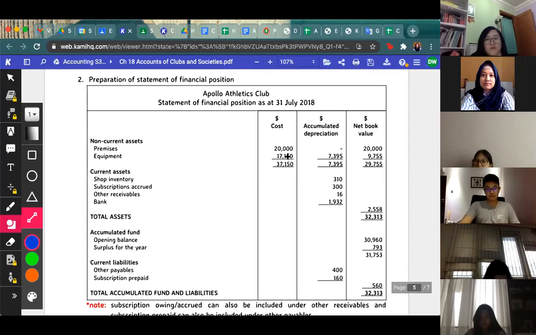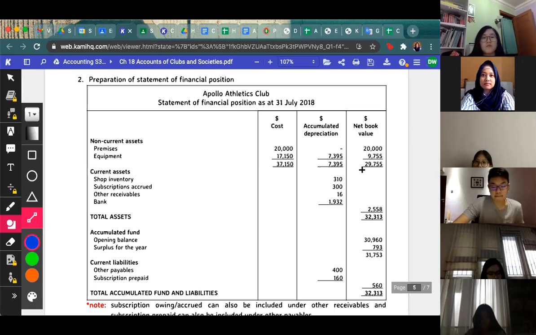And you know how to do that as well, yeah? Put the cost here, put the accumulated total depreciation, and then cost minus total depreciation or accumulated is equal to net book value.